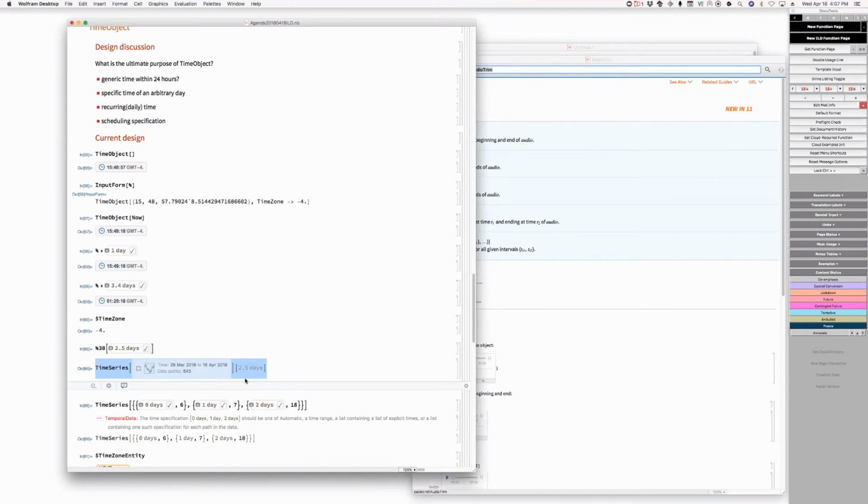But what I'm saying is, if your time series is a recording of the motion of your snail starting from t equals 0 for the next 18 minutes or something, then the way that's specified is with something very much like this.